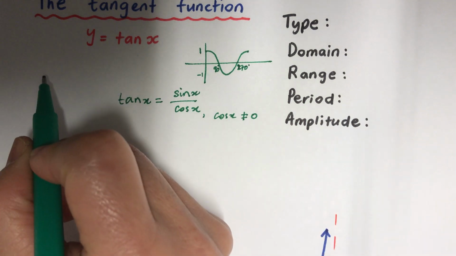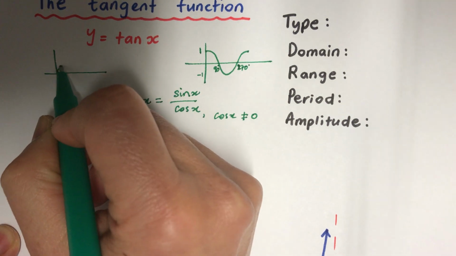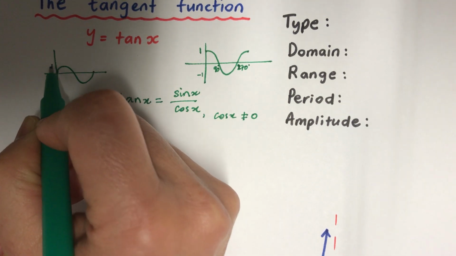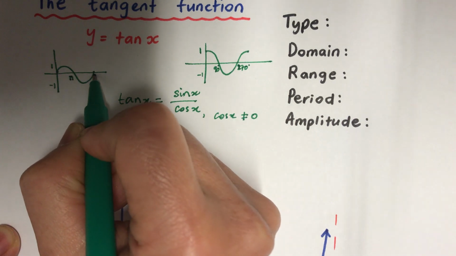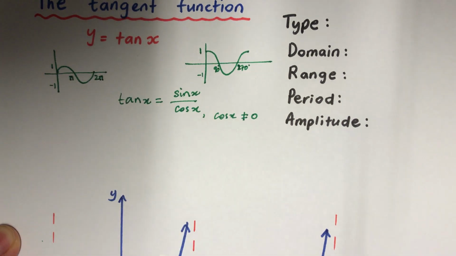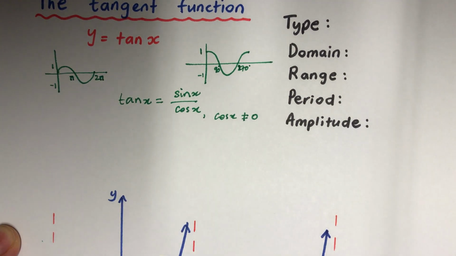If I sketch the sine graph here, roughly, that's 1, that's minus 1, that's pi, 180, that's 2 pi, 360. So at pi and 2 pi, 180 and 360, the whole thing will be an x-intercept. It'll be on the 0.